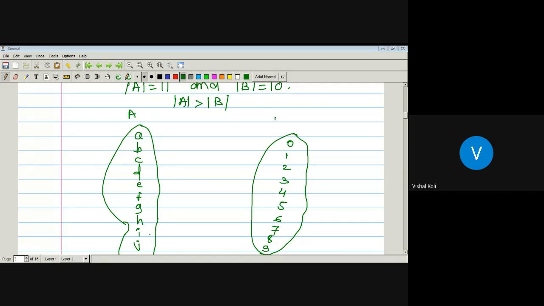And f is a function which is defined from set A to set B.